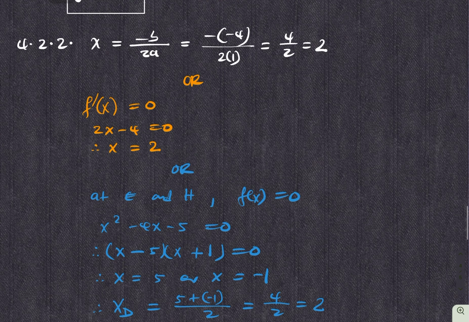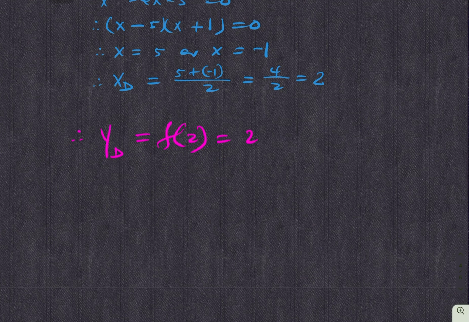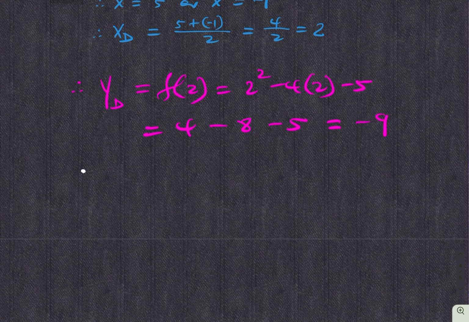You plug 2 in: 2 squared minus 4 into 2 minus 5. You get 4 minus 8 minus 5, which boils down to negative 4 minus 5, and the rest is negative 9. Therefore, the coordinates of D are 2 and negative 9.